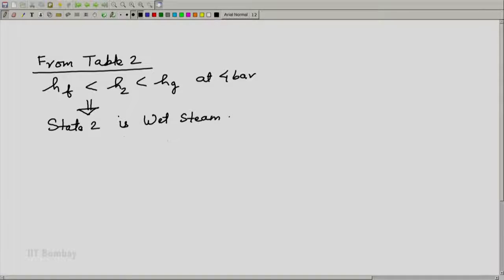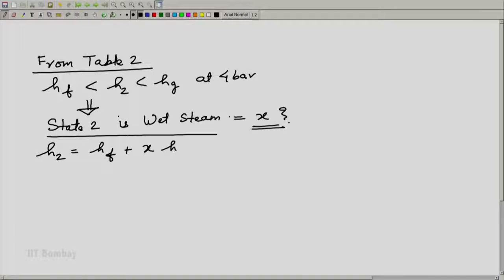alright. The moment I say wet steam, I want to know what is the value of x, and therefore I know another formulation now, that H2 is equal to HF plus x times HFG.